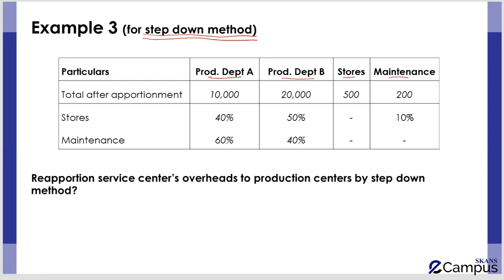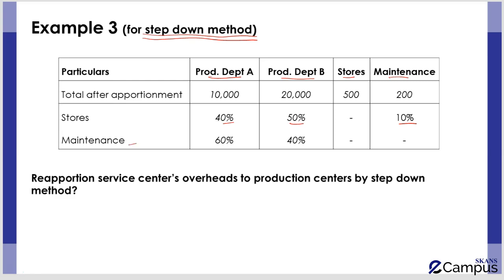When we reapportion, stores charge 40% of its cost to A, 50% to B and 10% to maintenance. Here stores is charging 10% of its cost to maintenance because stores has provided 10% services to maintenance.